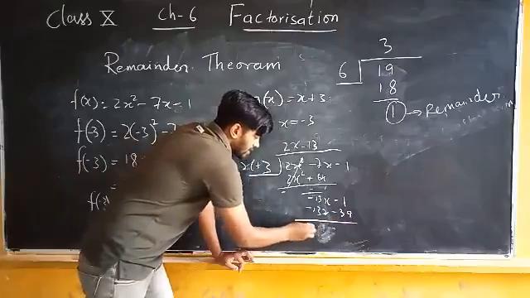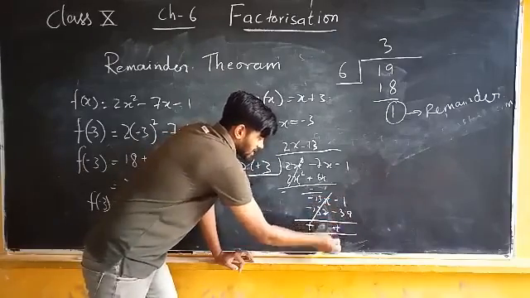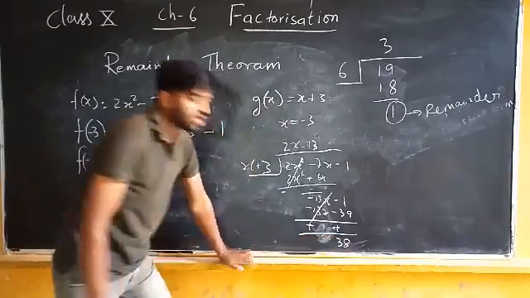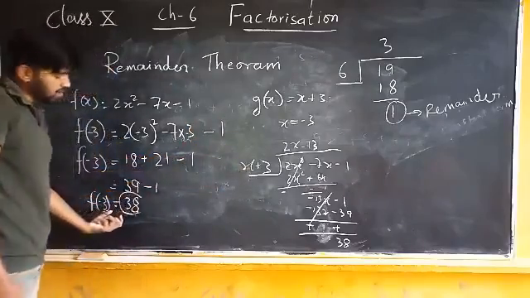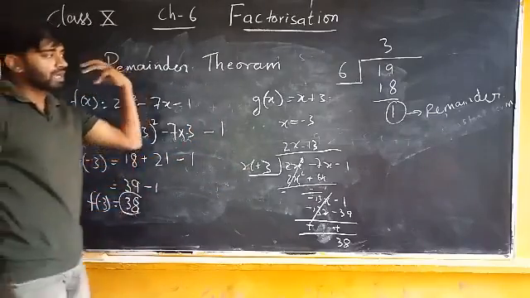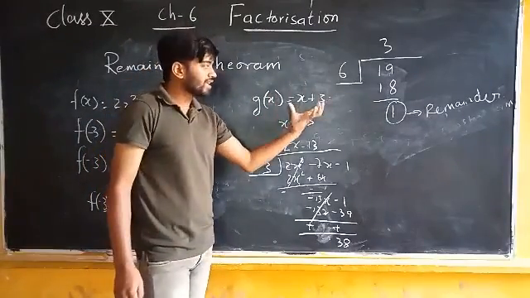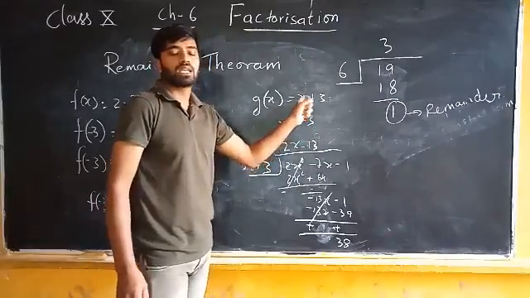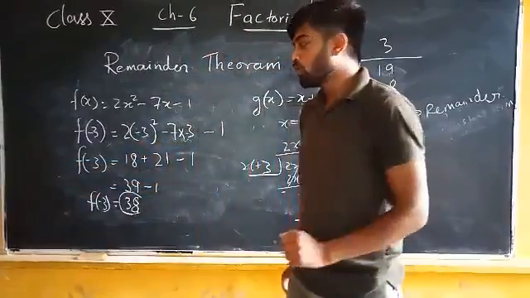Now change the sign. Plus, this is going to get cancelled out, minus plus is minus, and then what is the value I will be getting? 38. So what is the remainder I am getting? 38, but without dividing it you are getting 38. So whatever is outside and is dividing, you just take the value of x from there and keep it in the bigger polynomial. Okay, we'll do one more example.